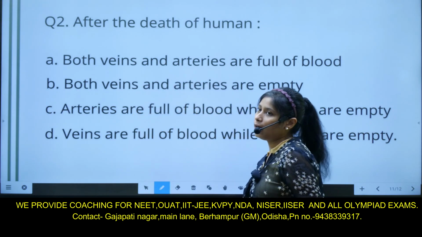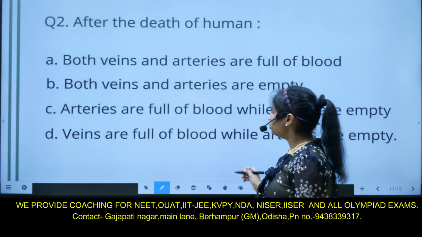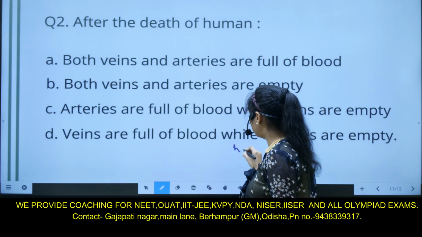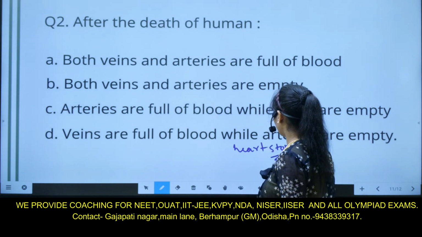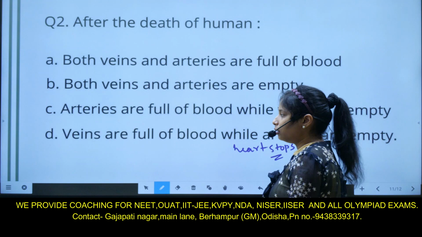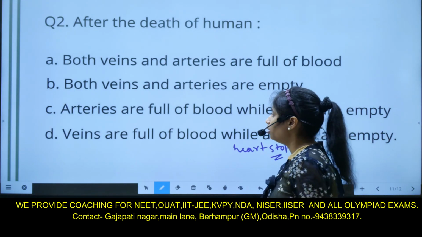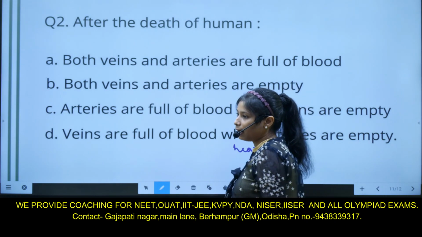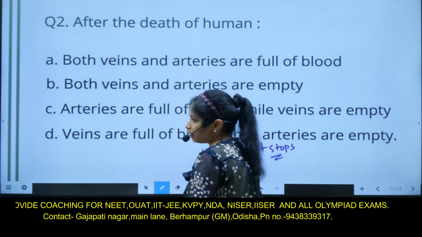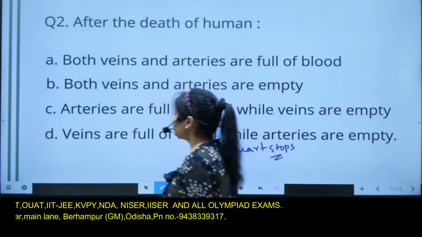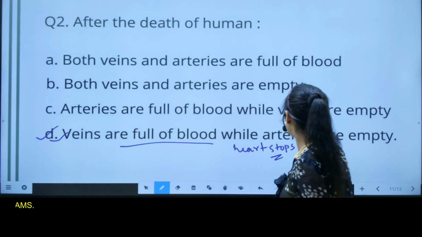After the death of the human, as the heart stops beating, the blood is no longer transported to the cells. Because of the gravitational force, all the blood comes to the lower part of the body. So the right answer is veins are full of blood while the arteries are empty.